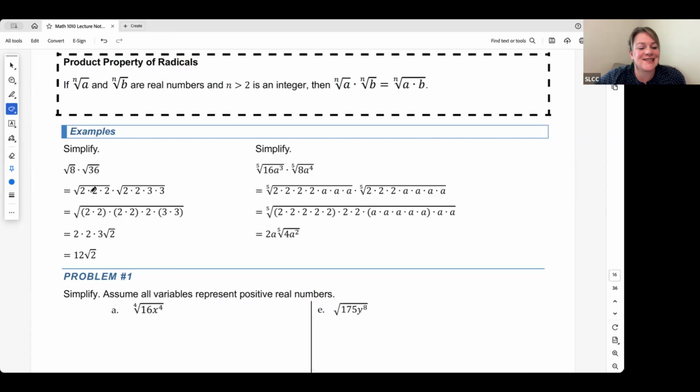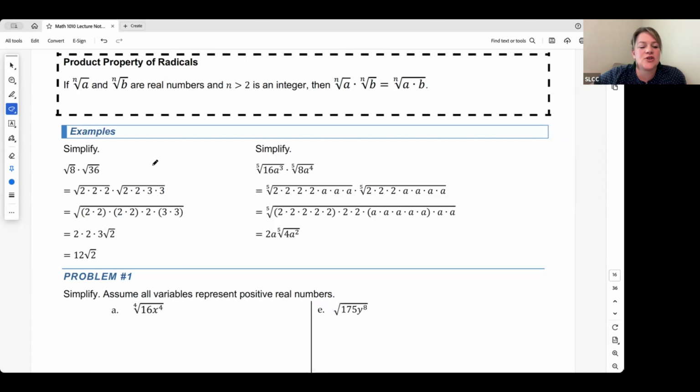I can take out both of those, and the 3, and then what's left is just the 2. If you wrote this as an exponent, you could start out with 2 cubed, and this would be 2 squared and 3 squared.